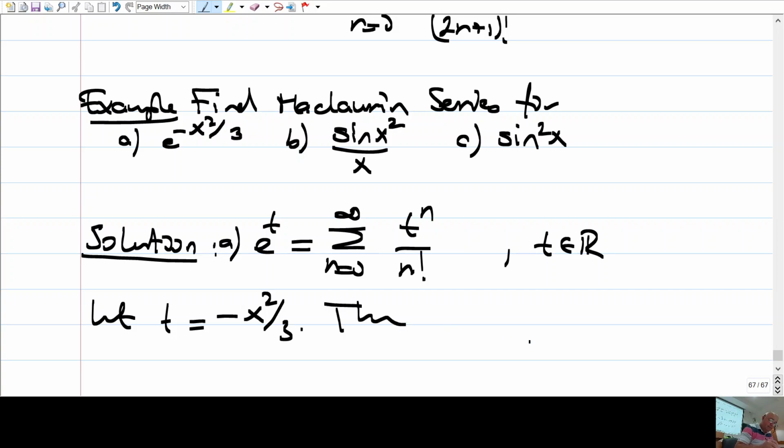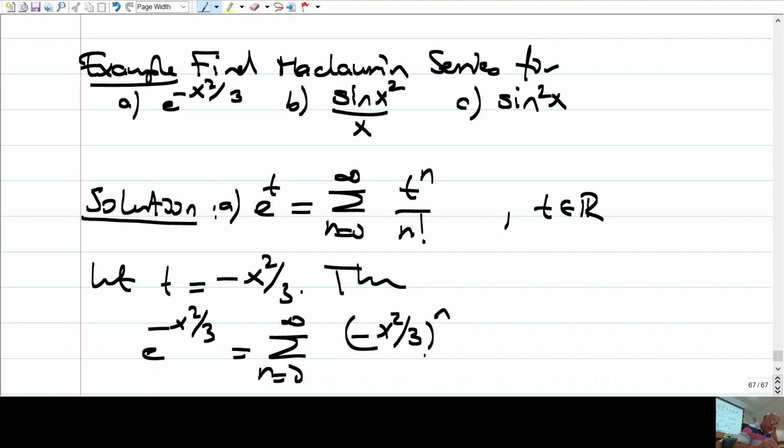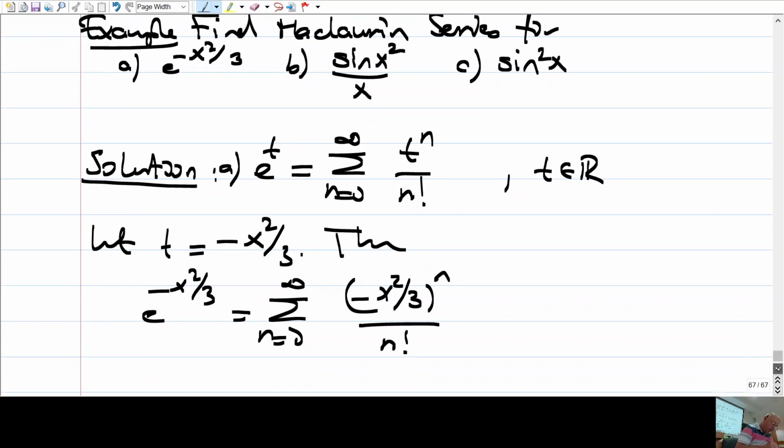Okay, then e to the power this is just the sum of minus x squared over 3 to the power n over n factorial.